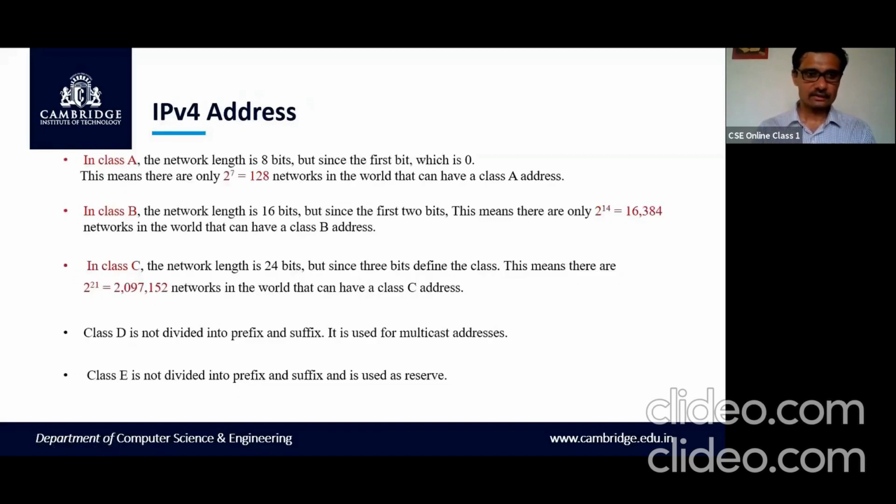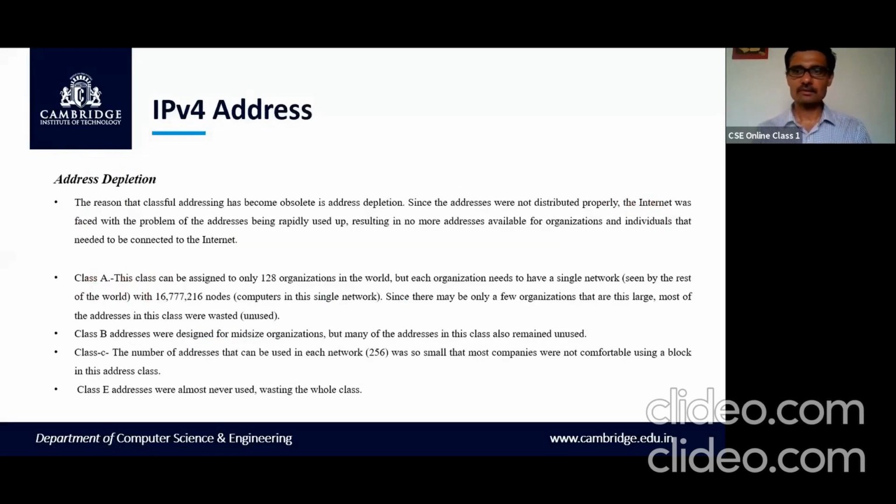This classful addressing scheme has some disadvantages. It is called address depletion, and classful addressing is now almost obsolete. The reason, for example, is that in class A, as we have seen in the previous slide, only 128 organizations in the world can have a class A address.